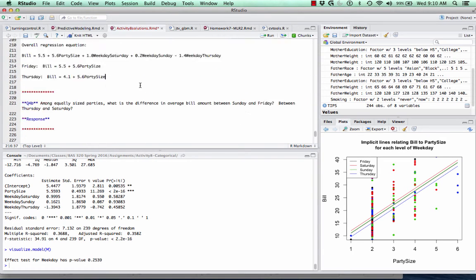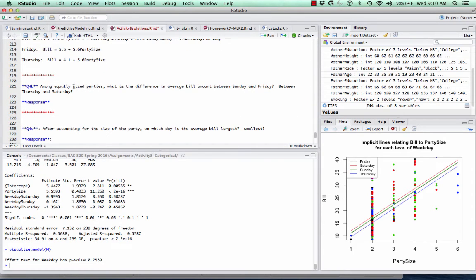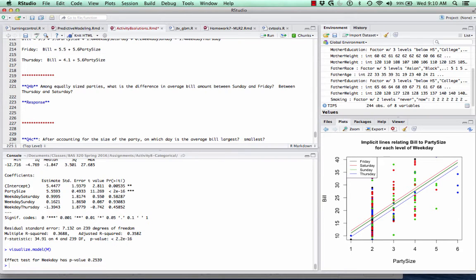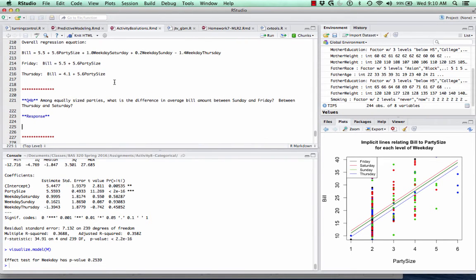All right, so successfully done that. Among equally sized parties, what is the difference in average bill amount between Sunday and Friday, between Thursday and Sunday? Well, we can get these by looking at the coefficients of the indicator variables. So between Sunday and Friday, since Friday is the reference level, the coefficient of the indicator variable for Sunday is telling us that difference. So Sunday versus Friday is the coefficient of weekday Sunday.